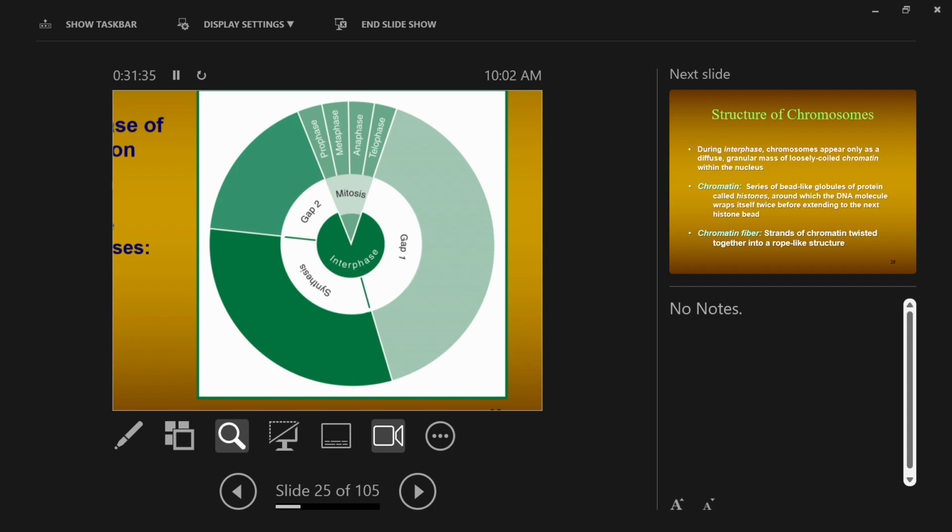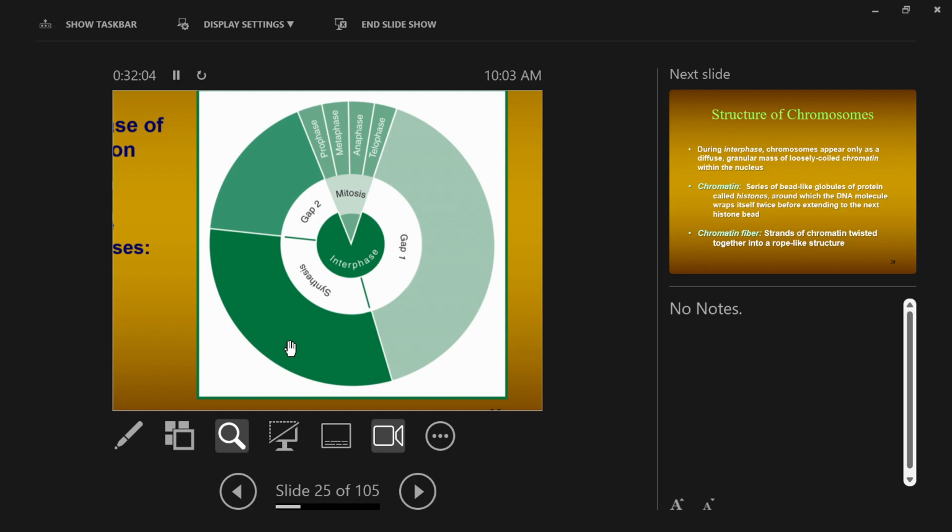Cells die during interphase because of a failure to produce the necessary proteins. Gap 1, synthesis, and gap 2 are the three parts to interphase. Synthesis is where the cell is replicating all of its DNA. In gap 1 and 2, we have protein synthesis happening.